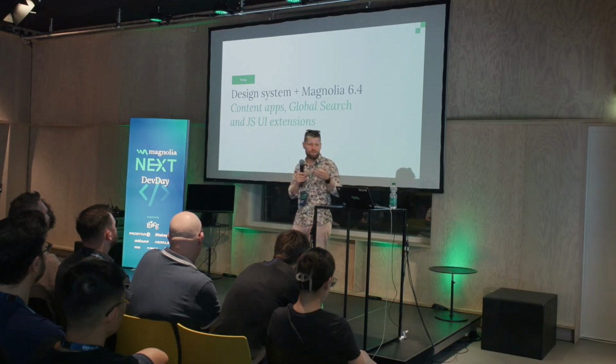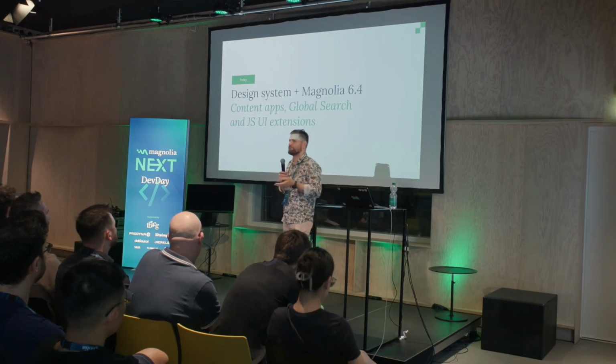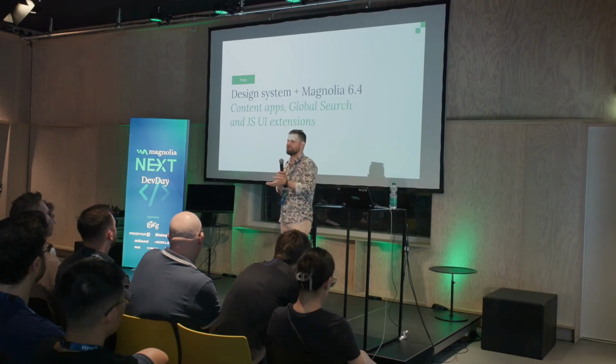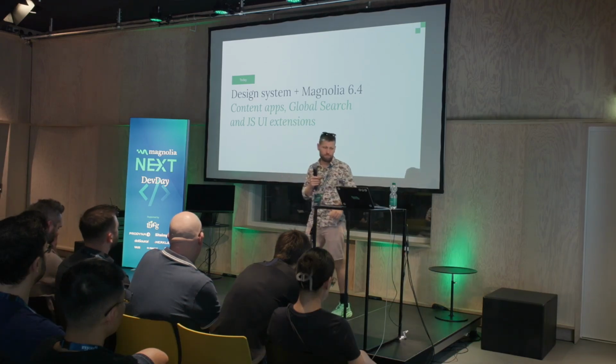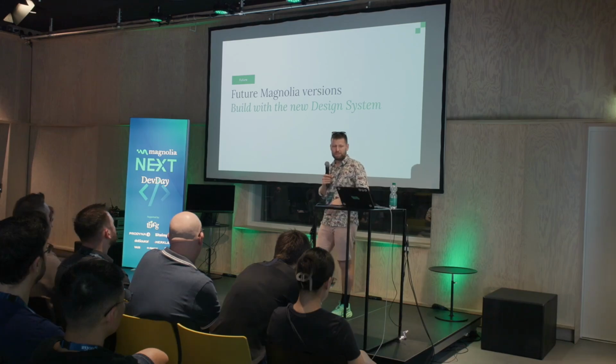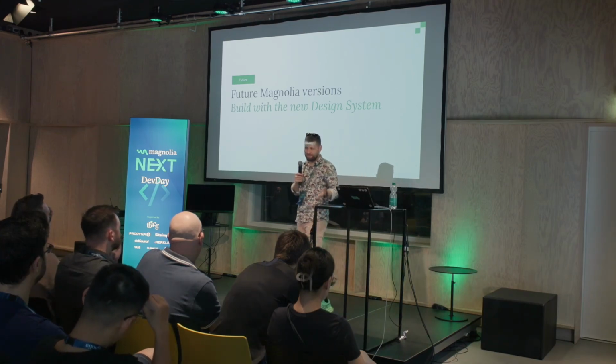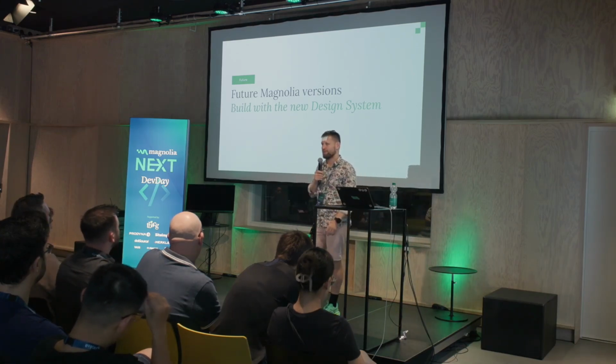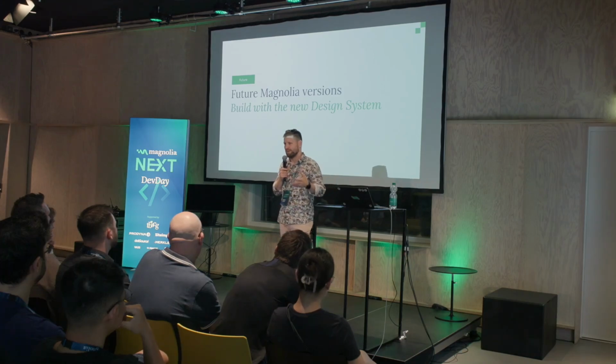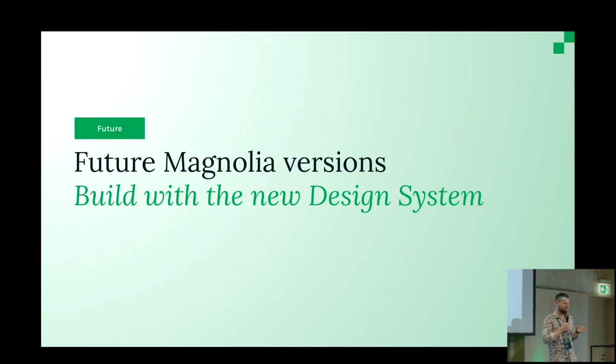So anything you build with the design system today, you are also building for the future. As Mika said, every future Magnolia version will utilize the design system as a backbone. So this is the future that it's going to be.